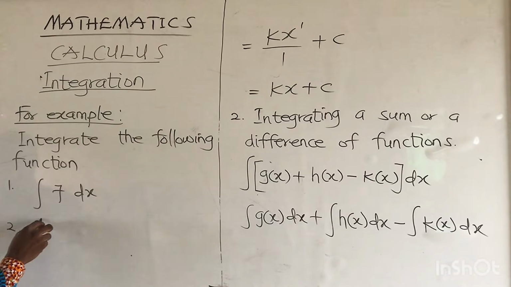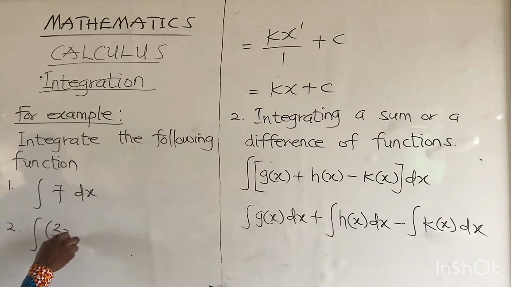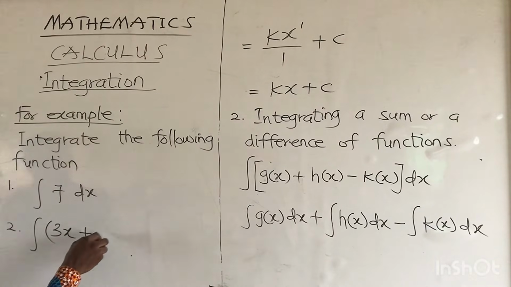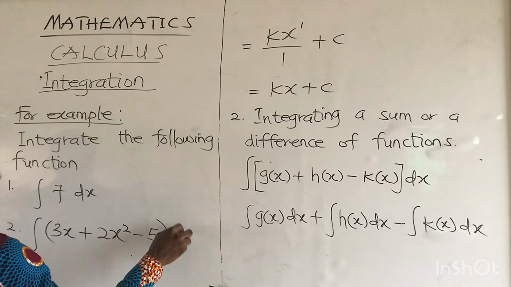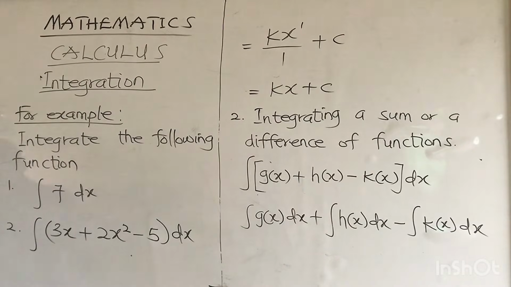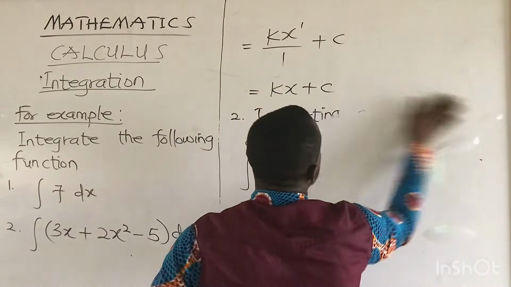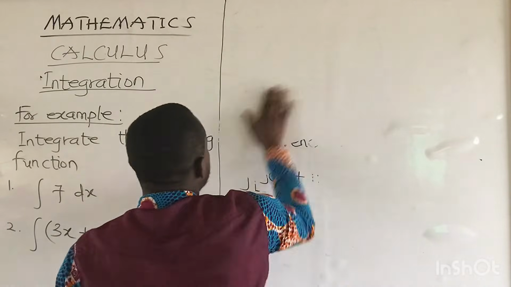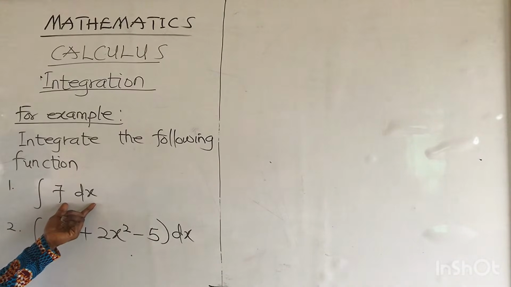Number 2, the integral of 3x plus 2x squared minus 5 dx. All right, so we are going to look at these two examples. So this is an example from integrating a constant.